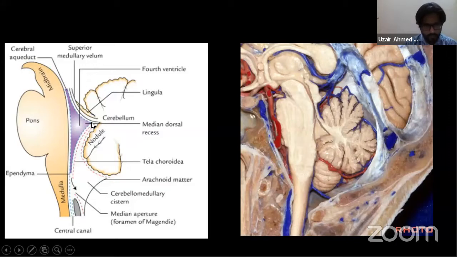Fastigium is the part where the superior slope of the roof of fourth ventricle joins the inferior slope of the roof of fourth ventricle. So this is the base or floor of the fourth ventricle, and these two slopes form collectively the roof of the fourth ventricle.